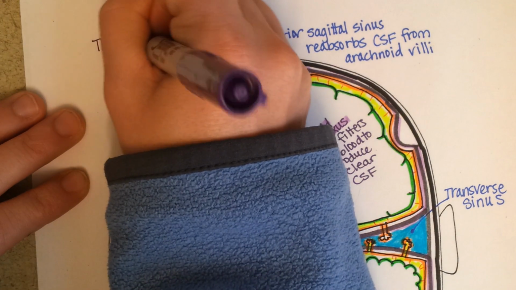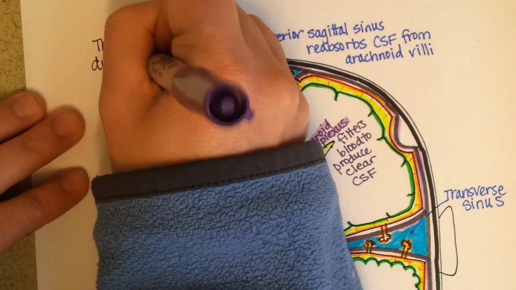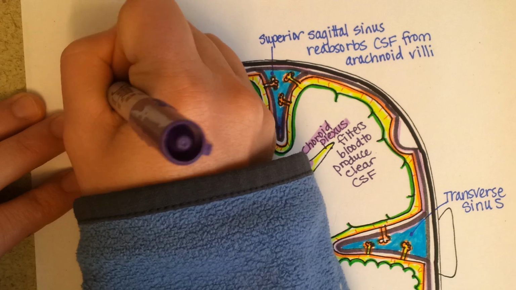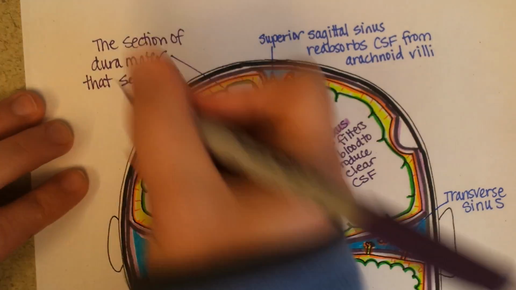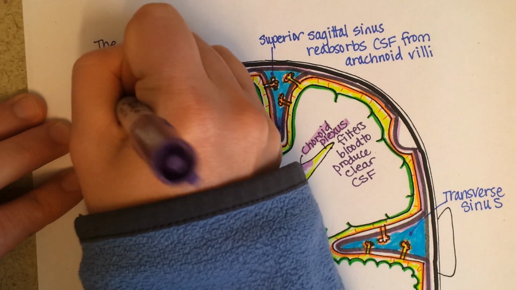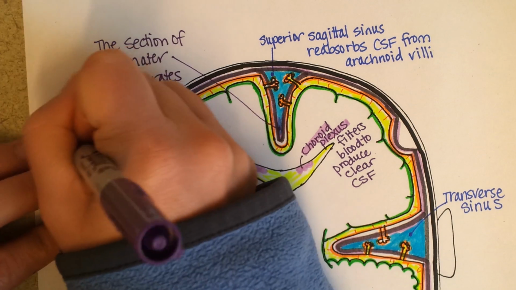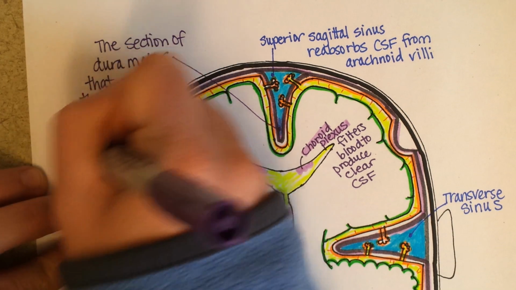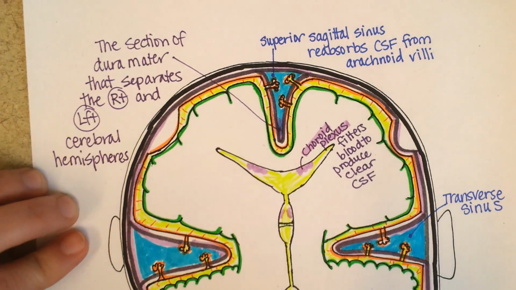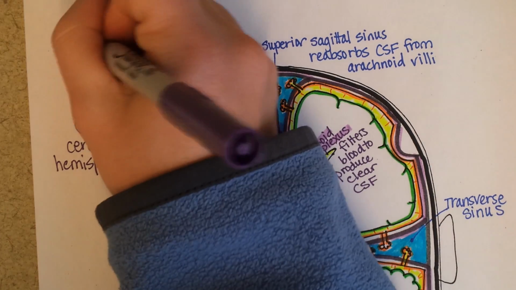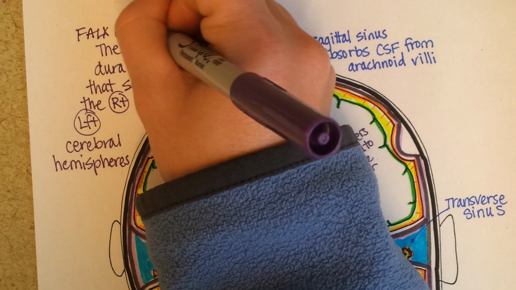So the section of dura mater that separates the right and left cerebral hemispheres is called the Falx Cerebri.